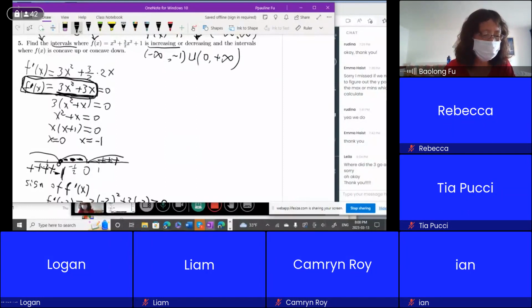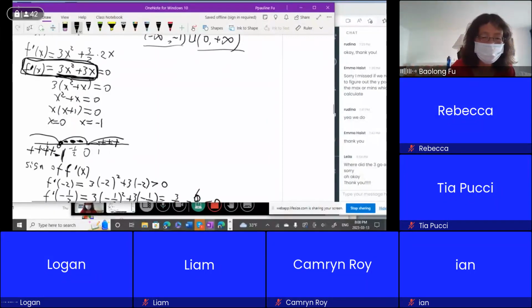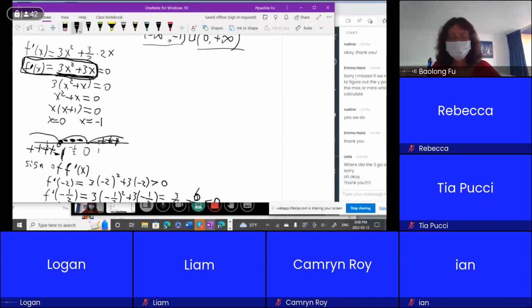On those two intervals, the function is increasing, because the first derivative is positive. Any questions?